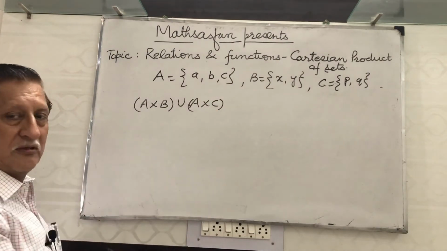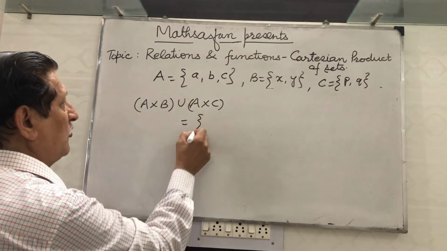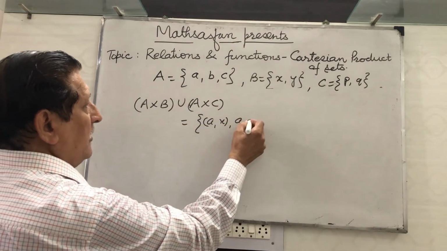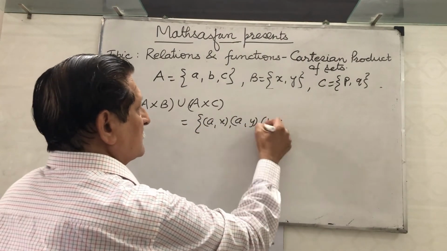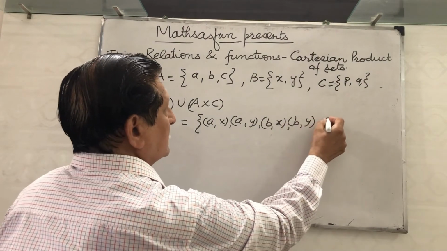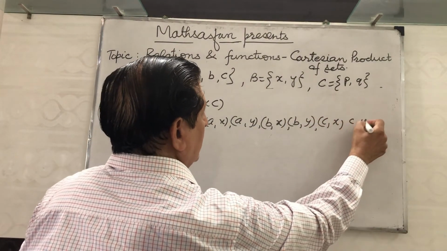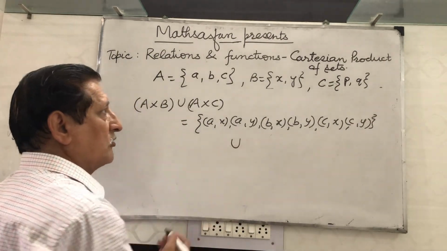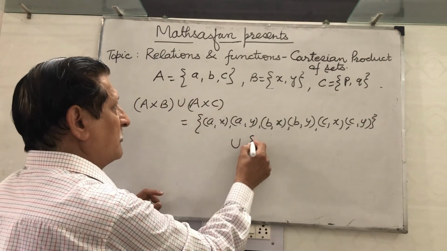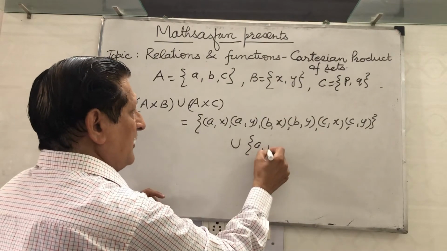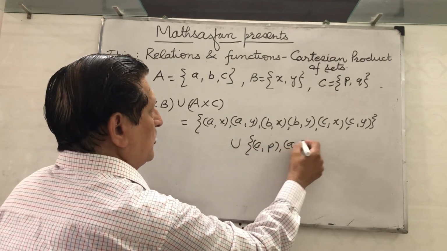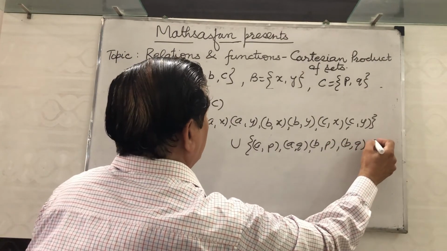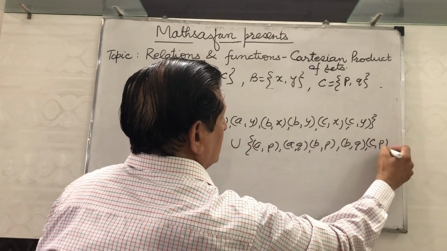And if we do that, you know what is A cross B. A cross B is AX, AY, BX, BY, CX, CY. And then what is A cross C? We will have the elements from A and C, that is AP, AQ, BP, BQ, CP, CQ.